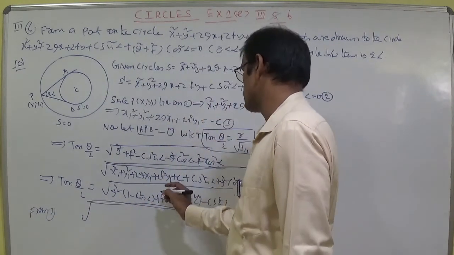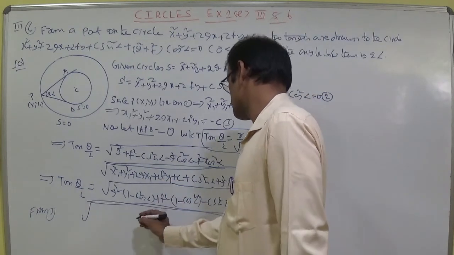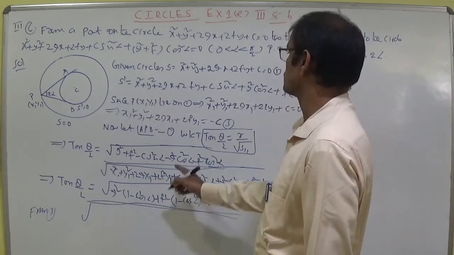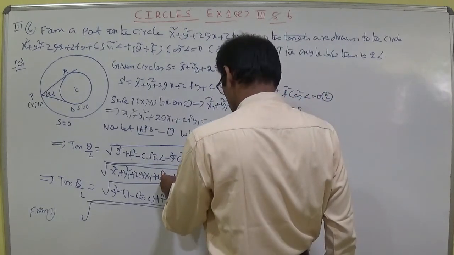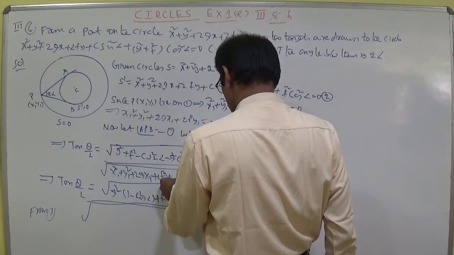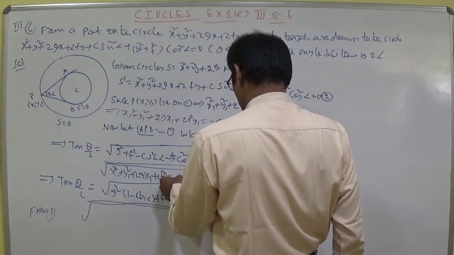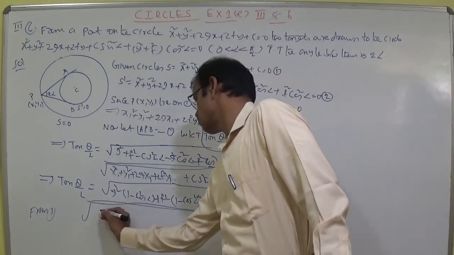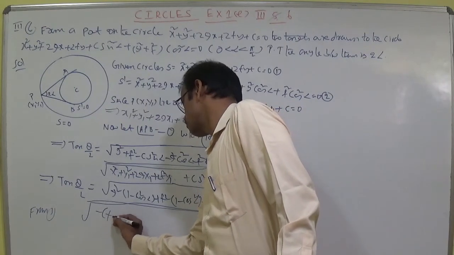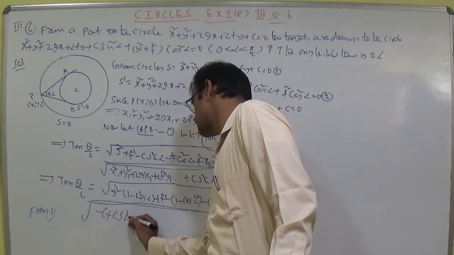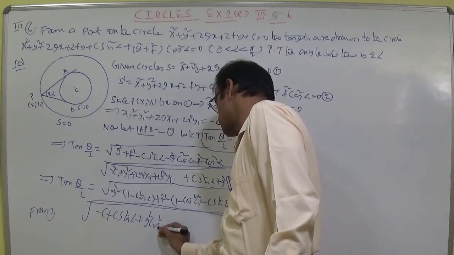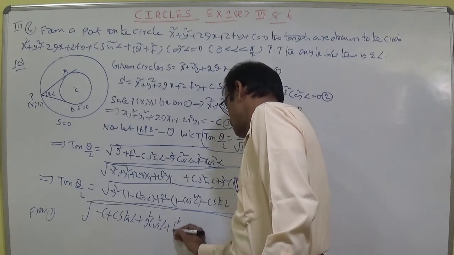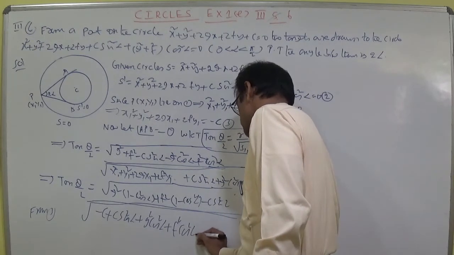Here c is not there, so don't write c here. Simply x1 square plus y1 square plus 2gx1 plus 2fy1 plus c sin square of everything. So minus c we can write: minus c plus c sin square alpha plus g square cos square alpha plus f square cos square alpha.